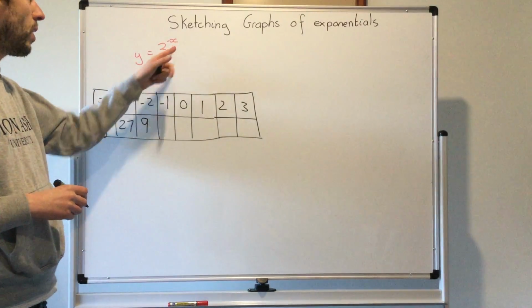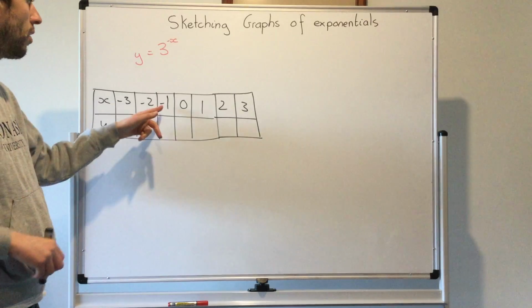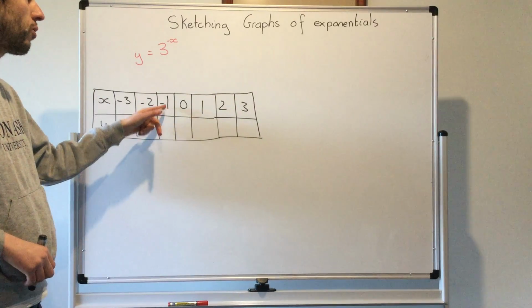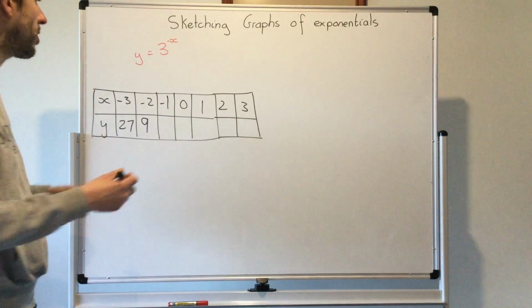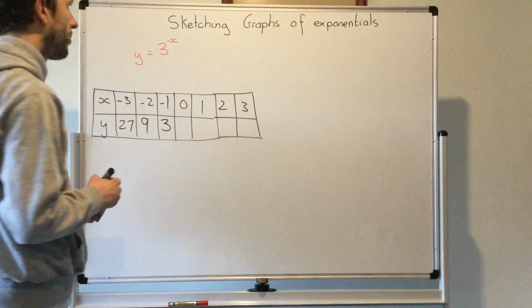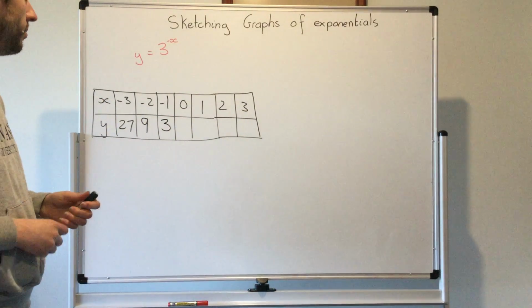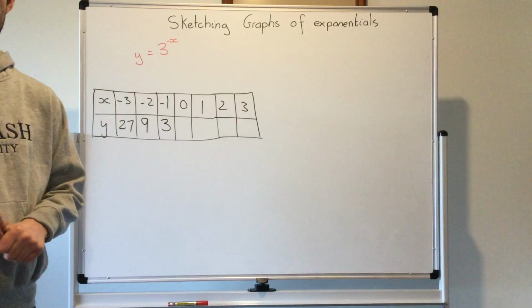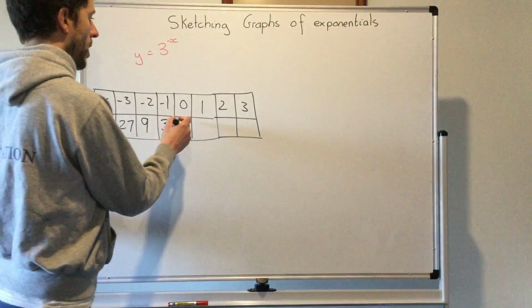Then I've got -1: 3 to the power of 1 is just 3. Now 3 to the power of 0, if we know our 0 rules, is just 1.